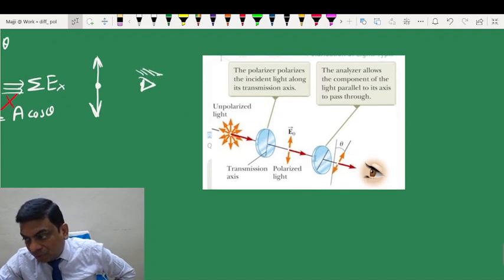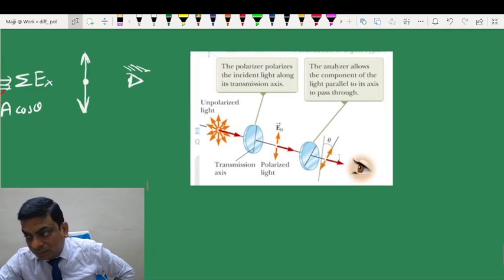So now only that component of electric field will be able to pass out which is parallel to its pass axis. So as you can see, these electric field vibrations are parallel to the pass axis of this. So you have to resolve this direction, and only that component will come. So naturally the intensity coming out through this analyzer will reduce as compared to the intensity which is made incident on the analyzer.